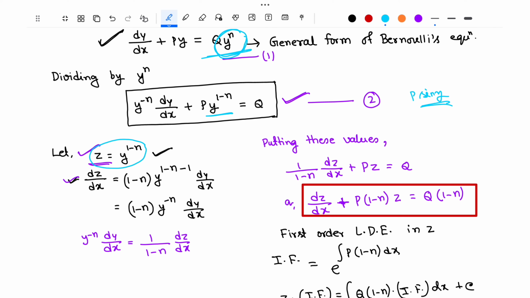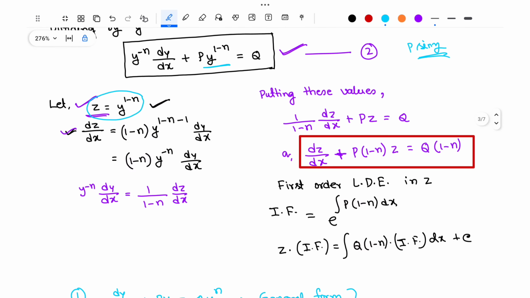Suppose P e to the power y, in that case z equals e to the power y. Then you substitute these values and you will get a linear differential equation. Then the simple process: find the integrating factor and the solution. This is the process.